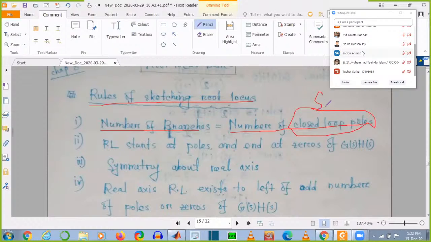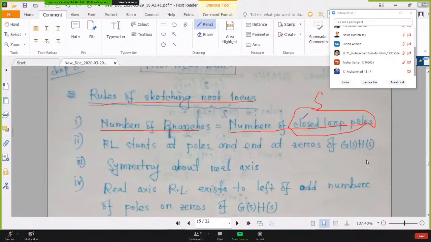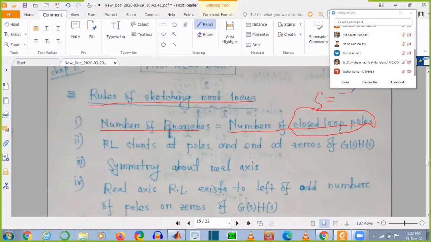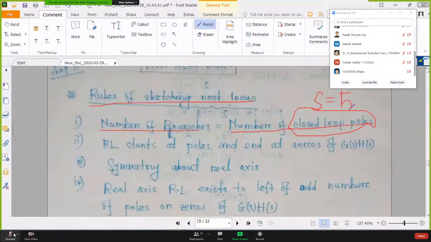If your closed loop system has 5 poles, then how many branches do you have? Suppose your system has 5 poles, then how many branches? 5 branches. Yes. If after solving the denominator of the transfer function there are 5 poles, then you have to represent those 5 poles by 5 branches.